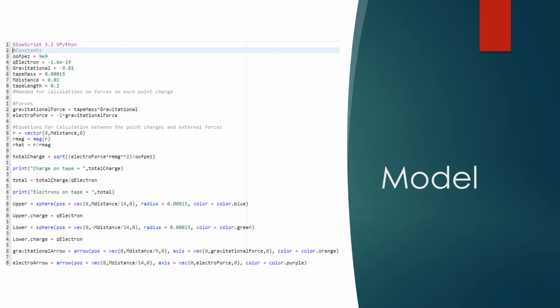Then I had the equations ready for the point charges and the external forces. These equations would calculate the total charge on the tape and the amount of excess charge on the tape. The rest of the code just establishes the visual model, which would be the point charges and the arrows representing the gravitational force and the electric force.